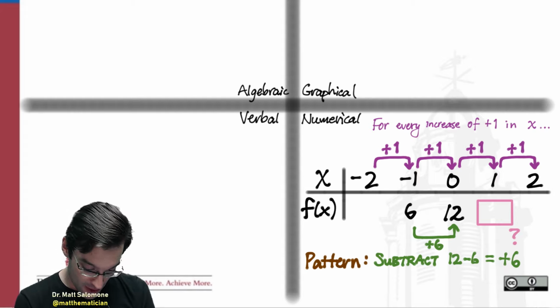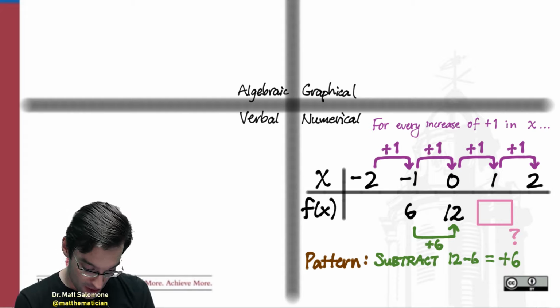And if I did that, then I might complete this thought. For every increase of +1 in x, I might say something like, there is an increase of +6 in f of x, or in y, if you like. I'll just write it as y.